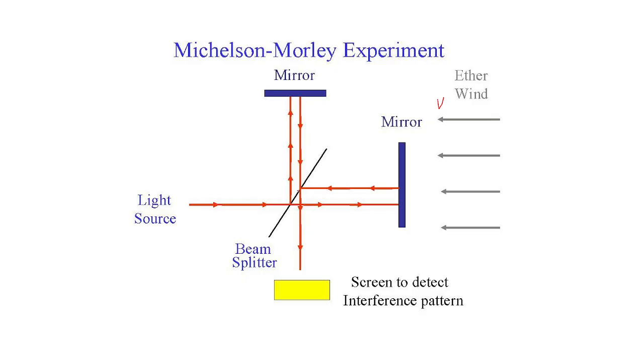So that is the schematic diagram of the Michelson-Morley experiment. It is placed somewhere in the lab, but the earth's surface is moving. That is why it should move through the ether, and the ether velocity would be the velocity of the earth.